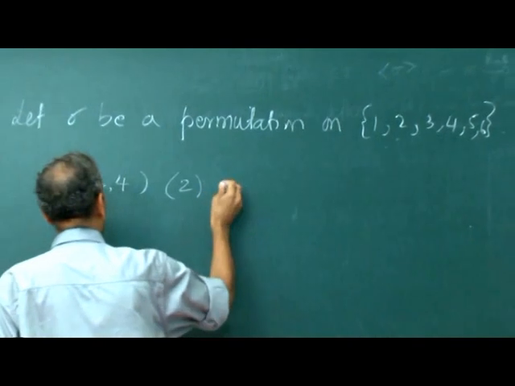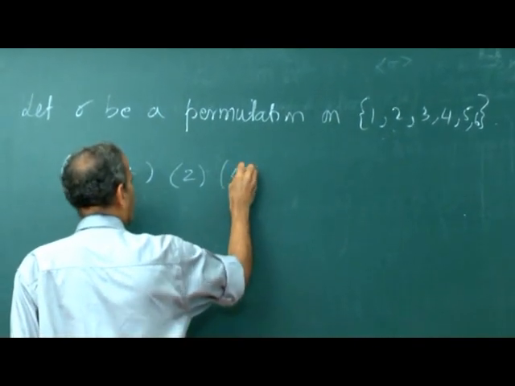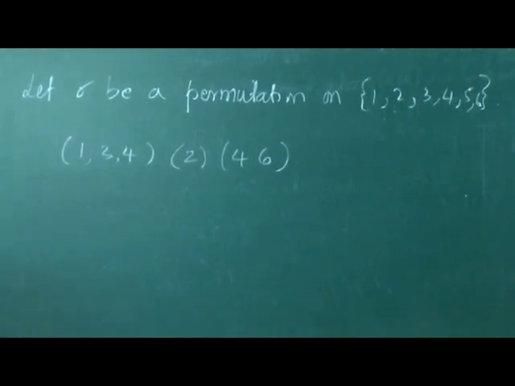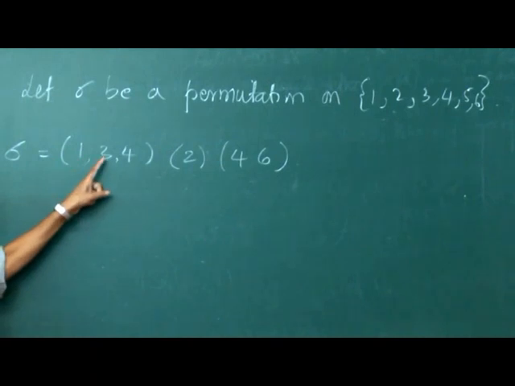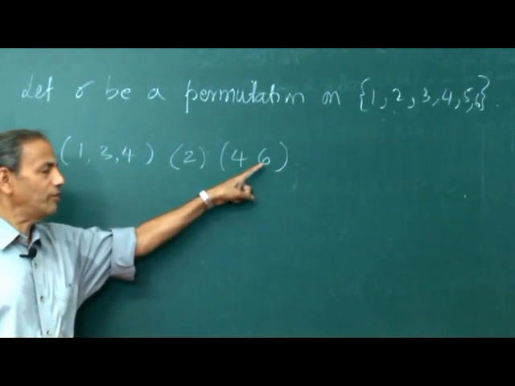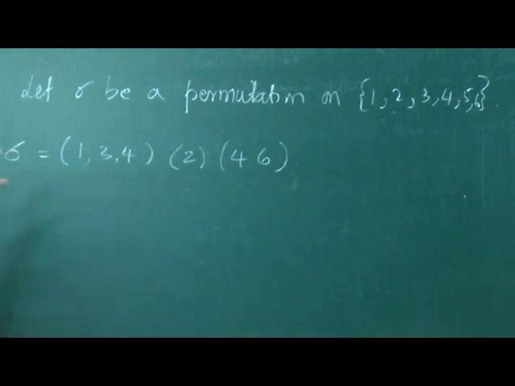Sigma is (1 3 4)(2)(4 6)... Let us consider this sigma. So what does it mean? Sigma takes 1 to 3, 3 to 4, 4 to 1, 2 remains as 2, 4 goes to 6, 6 goes to 4. So this is a permutation.